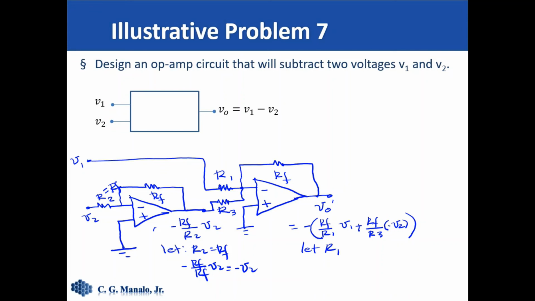Then we let R1 equal R3 equal Rf. So both R1 and R3 are equal to R sub F. So that means that this expression, V0 prime, will become negative Rf over Rf, V1 minus Rf over Rf, V2. Okay, and this will become V2 minus V1.